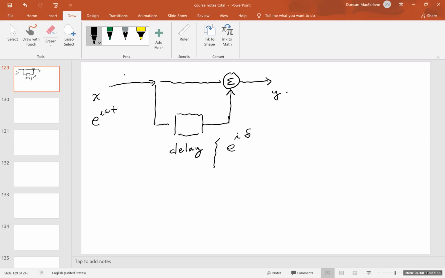And if that's the case, then the output is going to be e to the I omega t plus e to the I omega t times e to the I delta. So I have e to the I omega t times 1 plus e to the I delta.